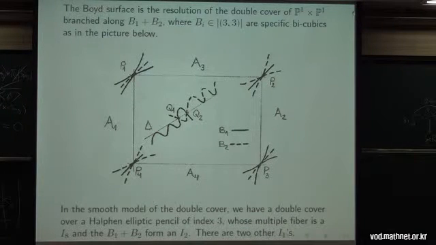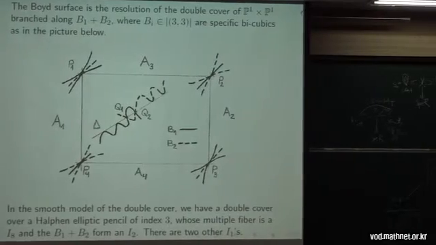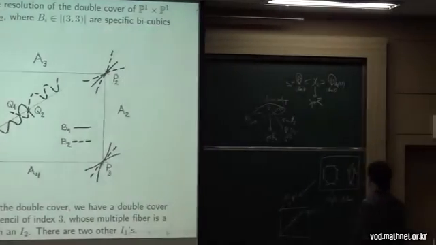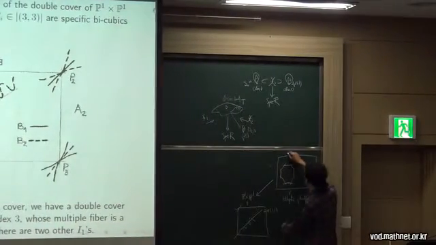I'm drawing this in this way because actually what you get is an elliptic fibration, where we have a multiple fiber of multiplicity 3 for this I8.